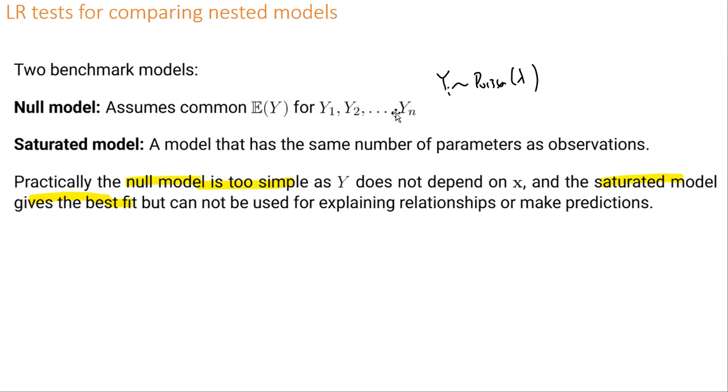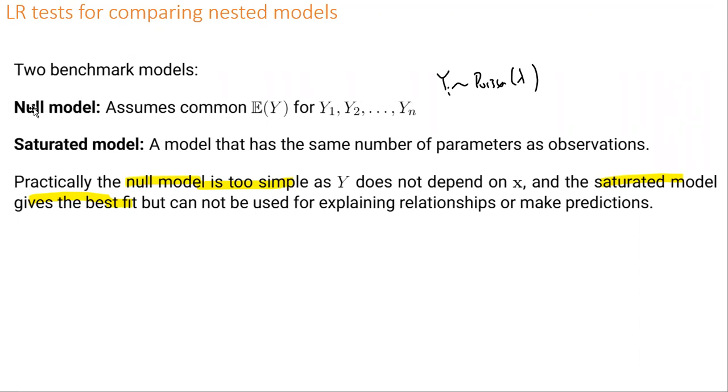An illustration of that: suppose that the y is from a Poisson. So the ith component is Poisson, and instead of having a parameter lambda i, it's just lambda, because the null model assumes a common parameter.